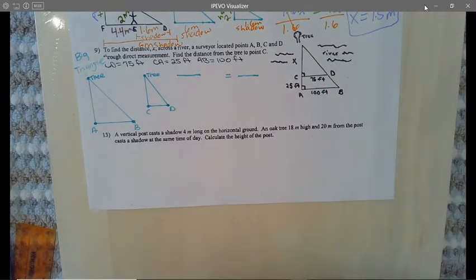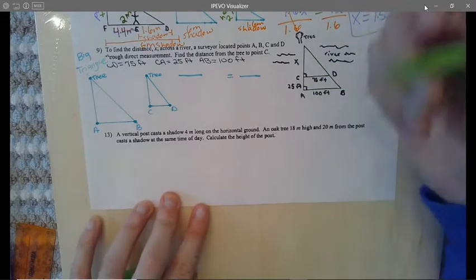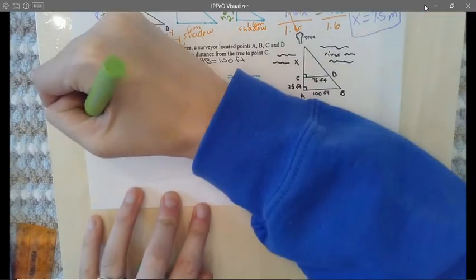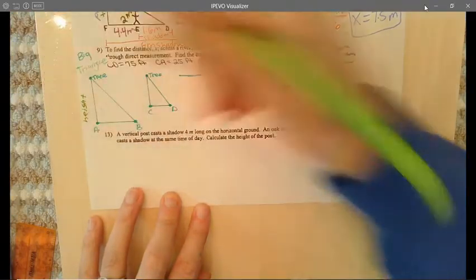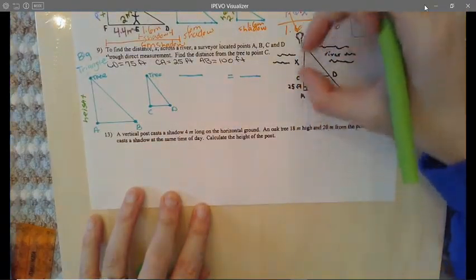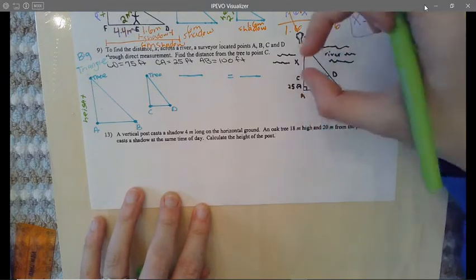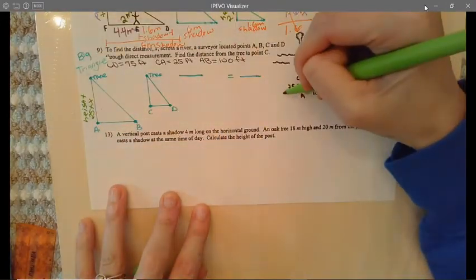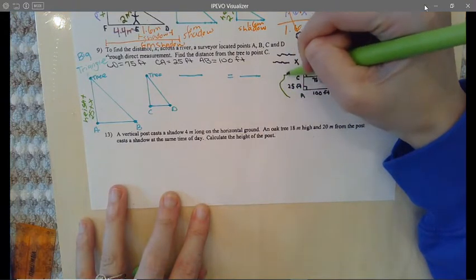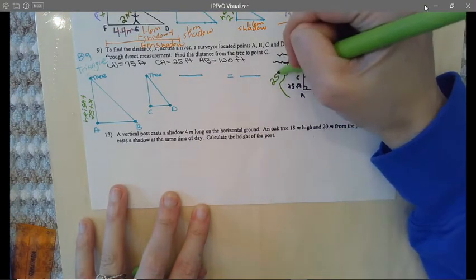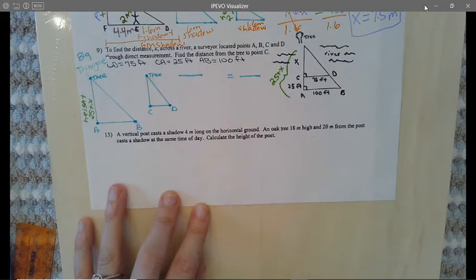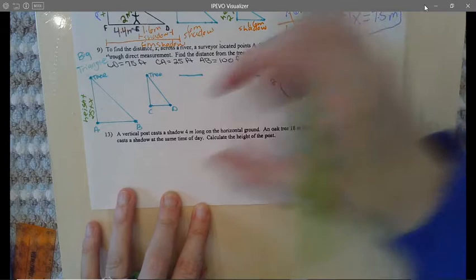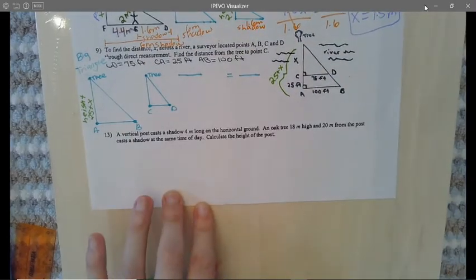I'm going to call this the height of the triangle. We don't really have parts that we can call each thing, so I'm going to call this the height. To get the height, we add these two pieces together, so it'd be 25 plus x. You can either label that on your picture or on a separate triangle, whatever makes sense to you.